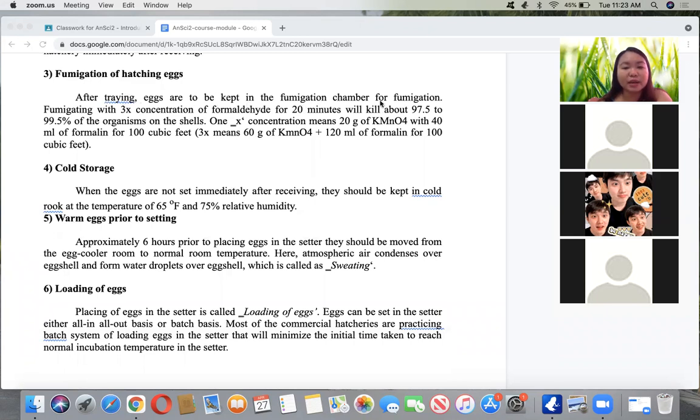It can be fumigated in the fumigation chamber with 3 times concentration of formaldehyde for 20 minutes. So this can kill up to 99.5% of bacterial organisms on the shell. So the 1x concentration means 20 grams of KMnO4 or potassium permanganate with 40 ml of formalin for 100 cubic feet. So example lang yan ng concentration.